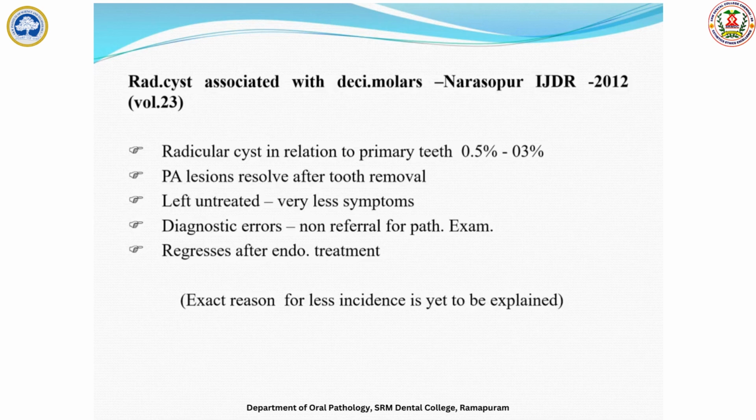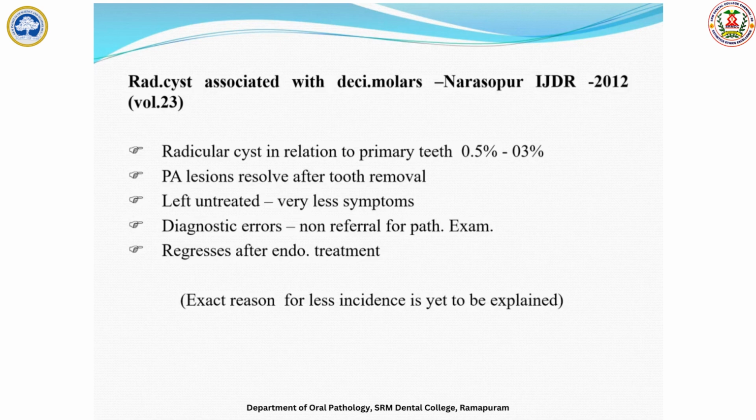Any abnormality, any pain in relation to the deciduous teeth, usually the tooth will be removed. Once you remove the deciduous tooth, if there is any periapical cyst or radicular cyst, usually it will resolve.